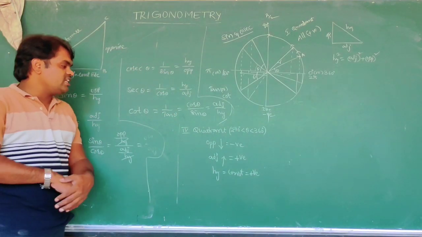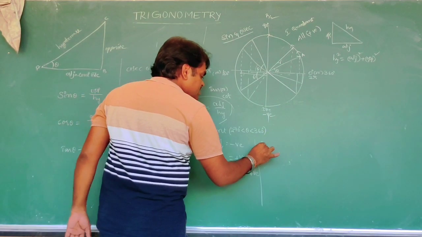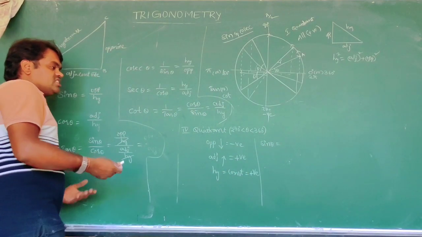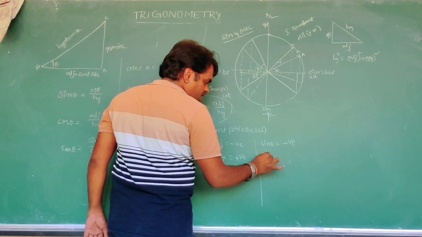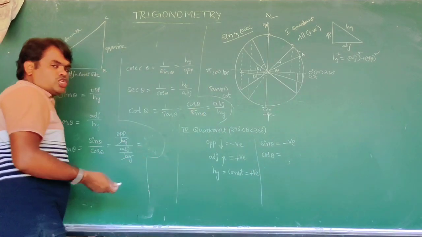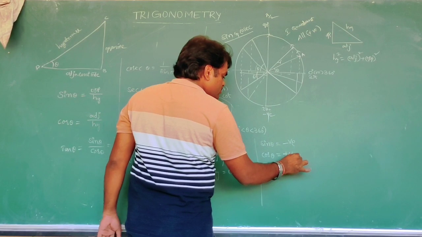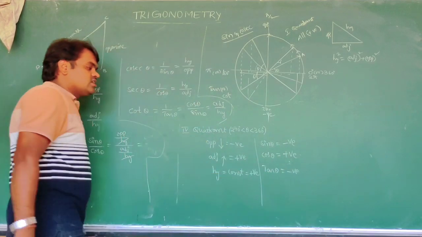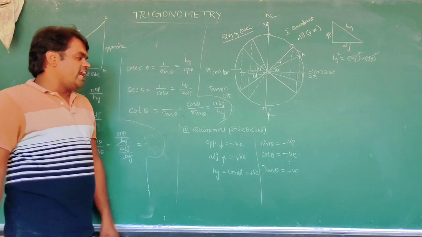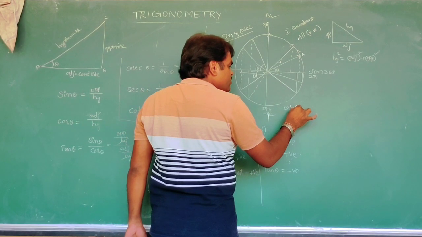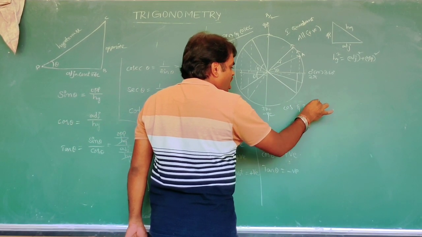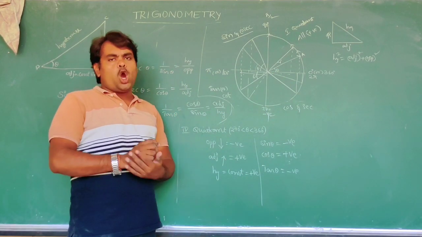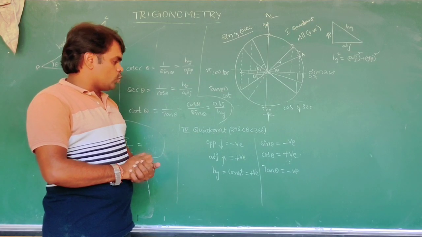Then sin theta is negative by hypotenuse, so it is negative. Cos theta is positive by positive, so it is positive. Now tan theta is negative because it is sin theta by cos theta. That means in the fourth quadrant, cos and secant are positive, and the remaining trigonometric ratios are all negative.